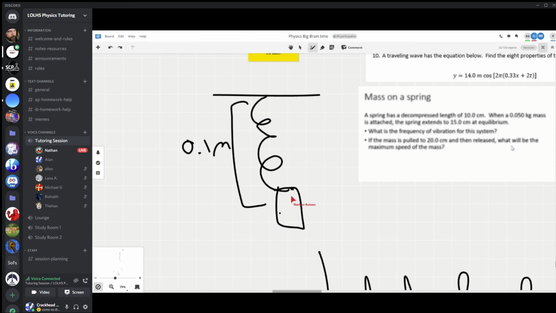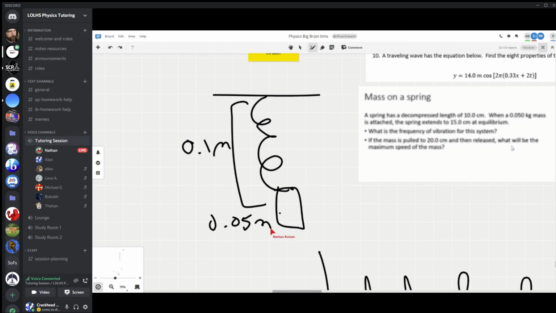I'm not going to draw that out, but just assume it's 0.05 kilograms. And when we do that, the spring extends to 15 centimeters, which is an extra 0.05 meters. And if I do anything wrong, just let me know.